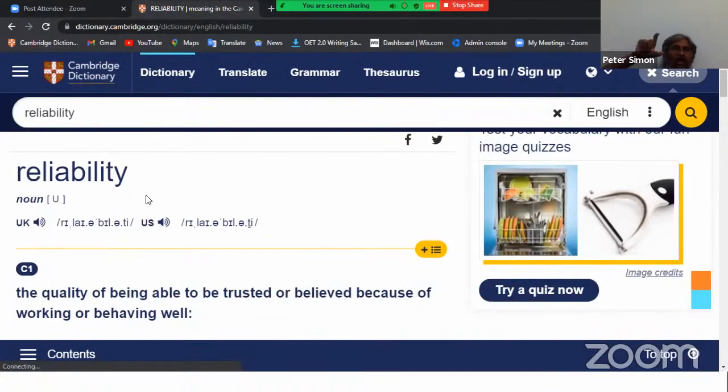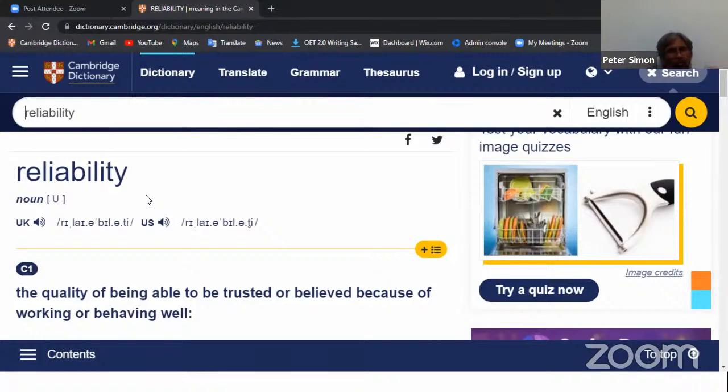When you know reliability, why are you using reliable? That means you should know how to play with the words. You want B? Great. You want B plus? Then use these things.